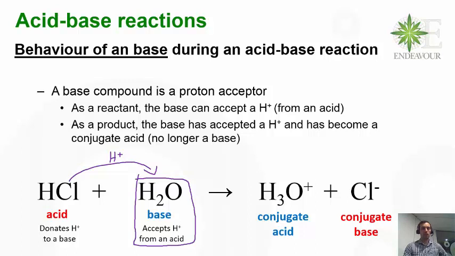However, once the base has done that accepting, it now turns into the conjugate acid. So why do we call the product version of the base the conjugate acid? Because after accepting that H+, it's now got an extra H+, which could in theory be given away in another acid-base reaction.